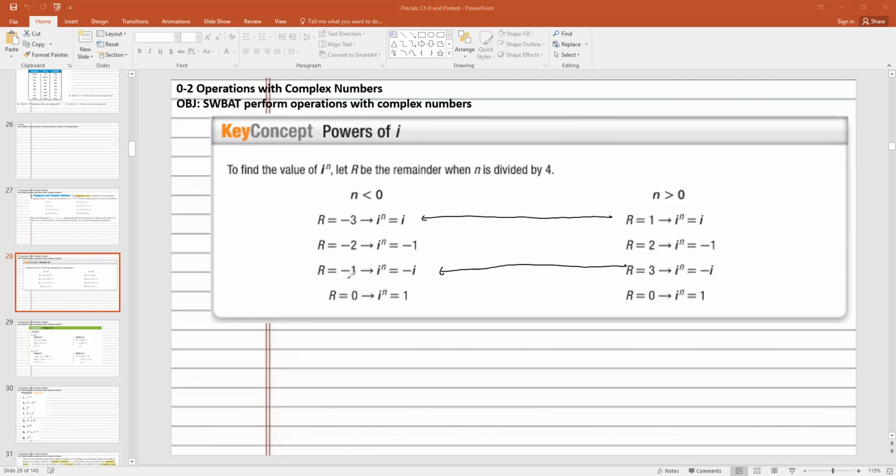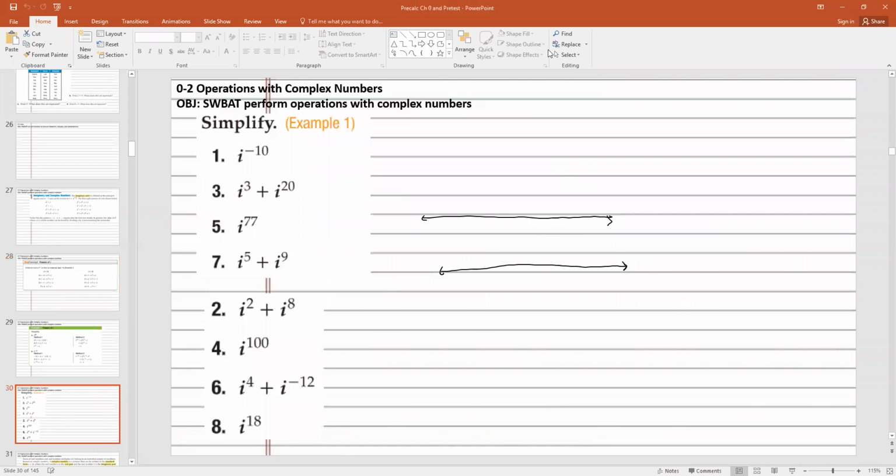If the remainder is -1, it's just like if the remainder was 3. It would be -i. Okay, so those are equivalent. And if the remainder is 0, it's still going to be 1. And there you go. I don't know if I should be putting these on the notes, but I will, just in case.